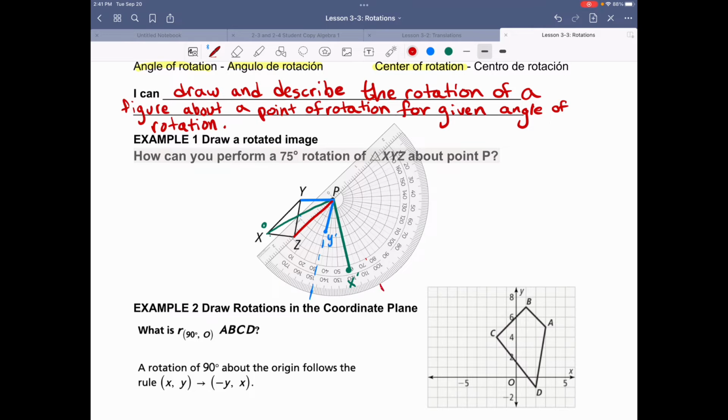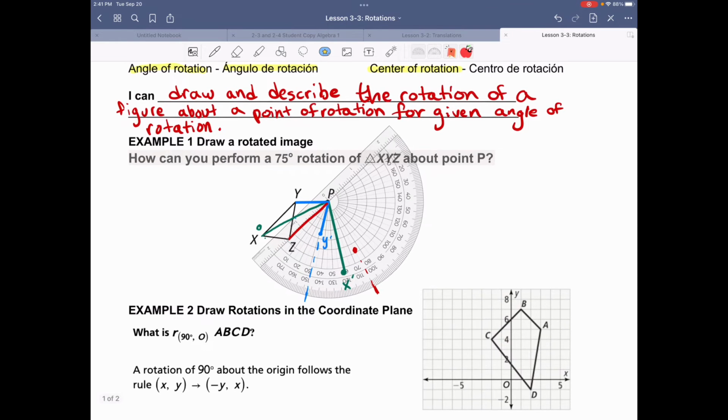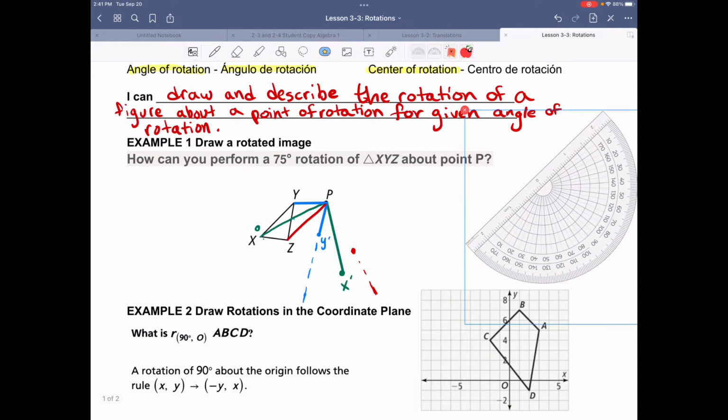You may want to mark that on the outside of your protractor so you know where 75 degrees is. Then, from P, you want to measure P to Z. However far P to Z is, that's where you put your dot 75 degrees away. Then I'm going to connect my P to that dot, and that dot is going to be Z prime.